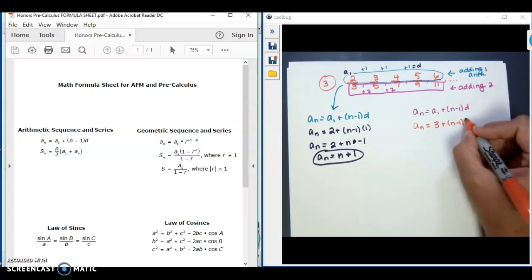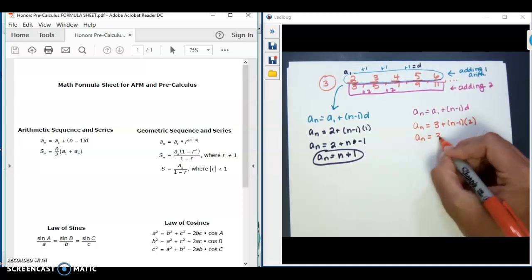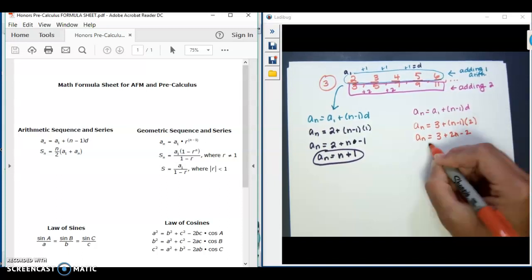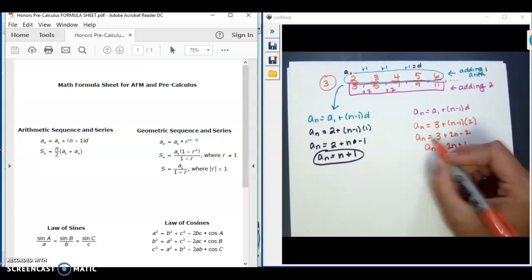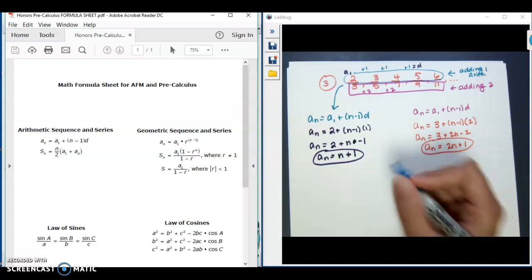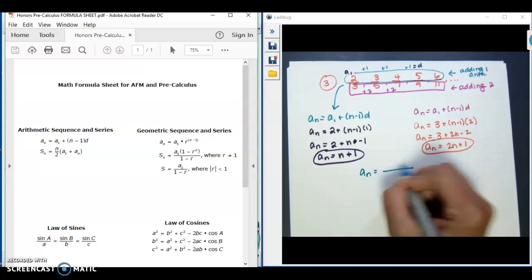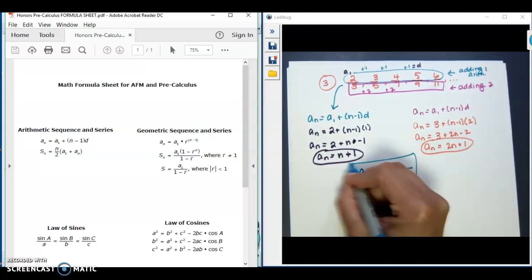And then for the common difference, we're adding 2. So then we can distribute that out. So we're going to get a sub n equals 2n plus 1. So what I did is I did these separately. So we have our numerator and we have our denominator. So we can put this all as 1 now. We can say a sub n equals n plus 1 over 2n plus 1.